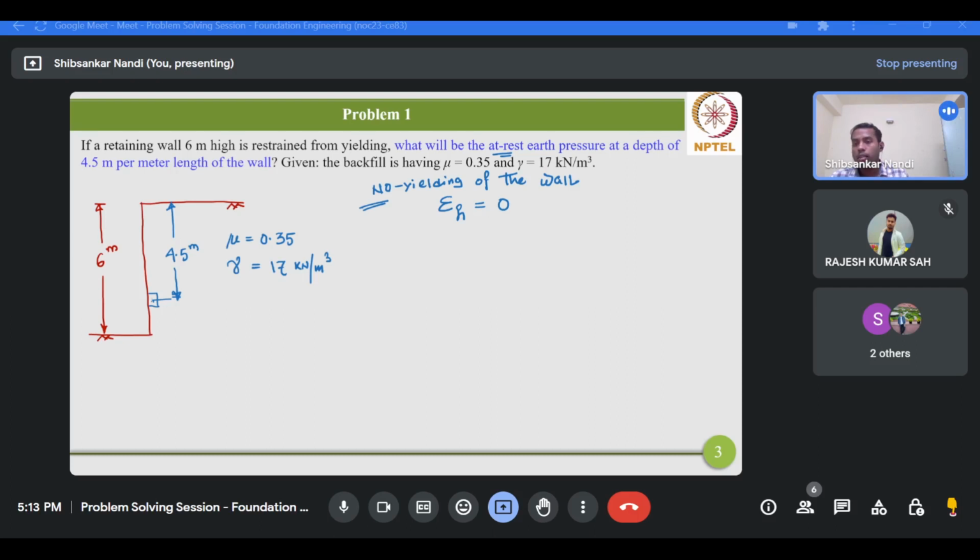Suppose we are considering some soil element. We can determine the horizontal strain if we know the elasticity modulus.